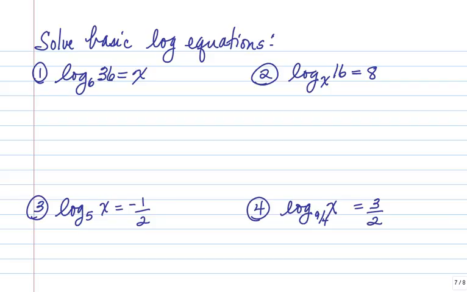Now, let's use that basic equivalency of logarithm and exponential expressions to solve these equations. So to solve a log equation, what you're going to have to do is convert it to the exponential form.